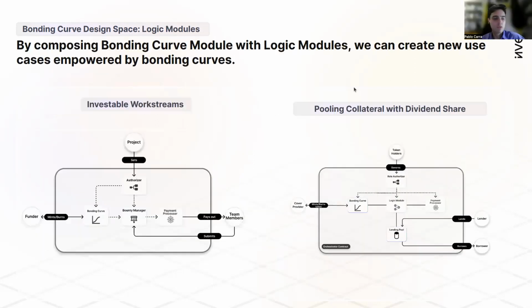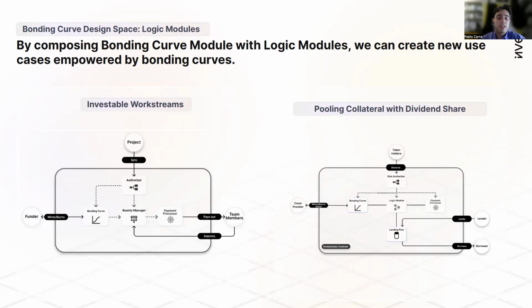Thank you. So Marvin explained a bit what possibilities we have inside the bonding curve itself. And I just wanted to take some minutes to explain what design space this opens in the context of our whole architecture. The first example I want to use is a very basic one that Marvin also mentioned, which is the investable workstream, which was the thing that we set up together with the bonding curve research group, which set this whole process in motion.